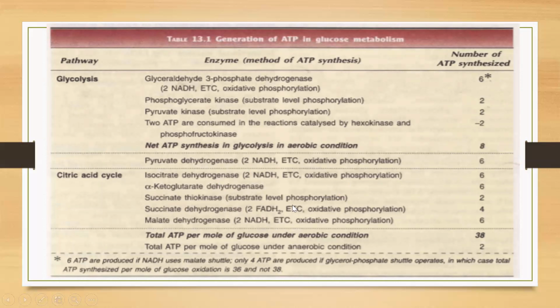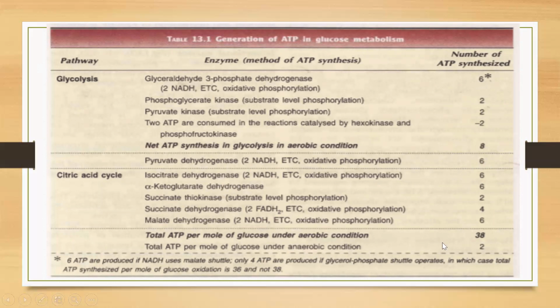Succinate dehydrogenase, 2 FADH2 means 4 ATPs are formed, as 1 FADH2 gives 2 ATP molecules. Then malate dehydrogenase, we get 2 NADH again, then 6 ATP. So in total, this will be 24. So this is the 8 from glycolysis, intermediate 6 and 24. Total, around 38 ATP molecules are produced from one glucose molecule.